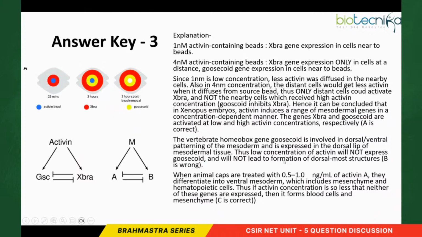So when animal caps are treated with this much activin, they differentiate into ventral mesoderm, which includes mesenchyme and hematopoietic cells. So if the activin concentration is so low that neither of these genes is expressed, then it would lead to the formation of the ventral mesoderm.